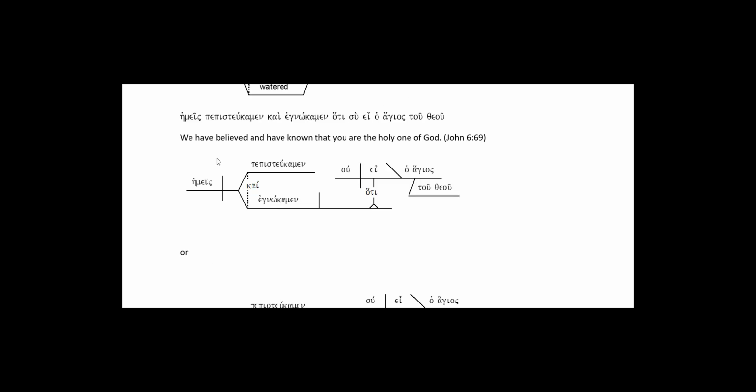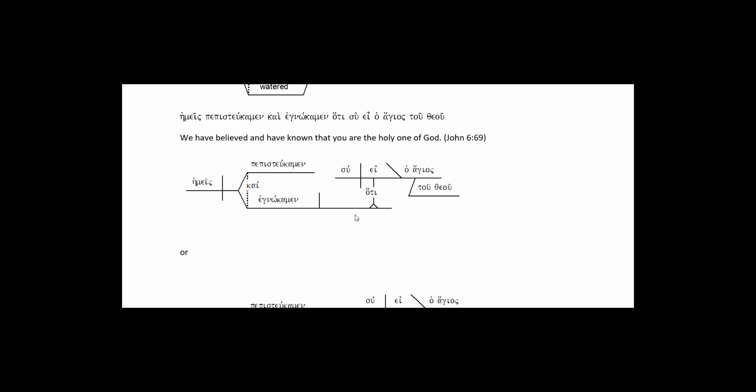So here's one from John 6:69. We have believed, hemes pepistukamen, kai egnokamen, and we have known, hati, that, su ei, you are, ho hagios tou theou. You are the Holy One of God. So here's one way to diagram it. Hemes is the subject, we, pepistukamen, the verb, we have believed, and we have known.